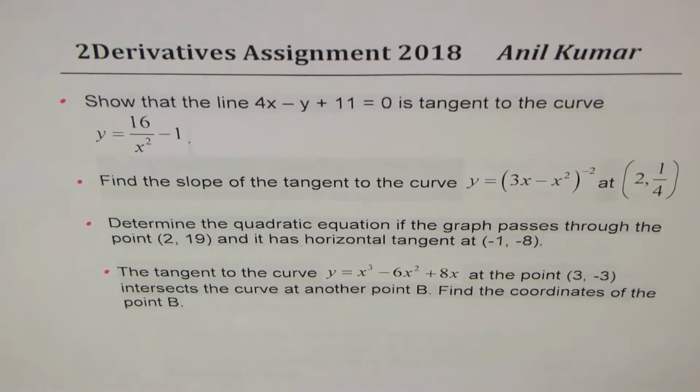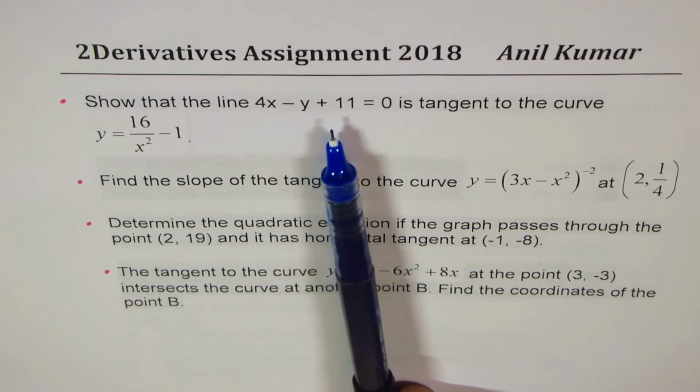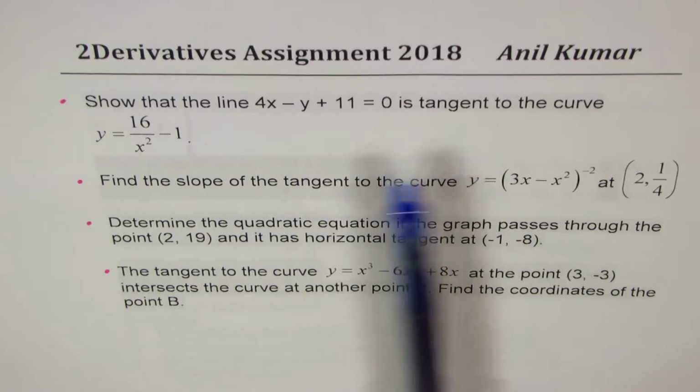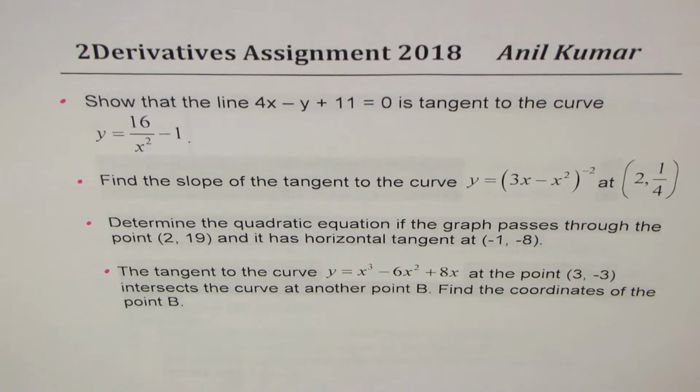The questions here are like this. The first one is, show that the line 4x minus y plus 11 equals 0 is tangent to the given curve. Second, find the slope of the tangent to the curve y equals 3x minus x squared to the power of minus 2 at x equals 2.